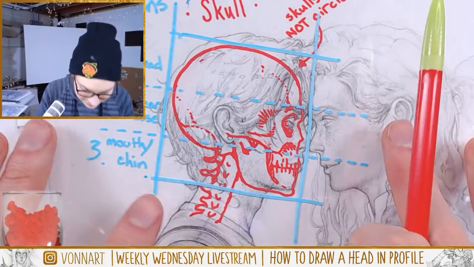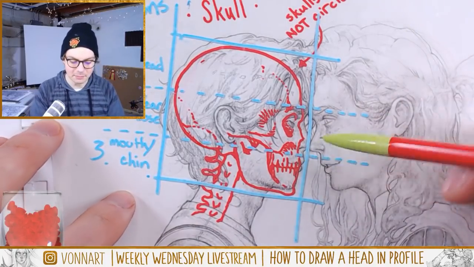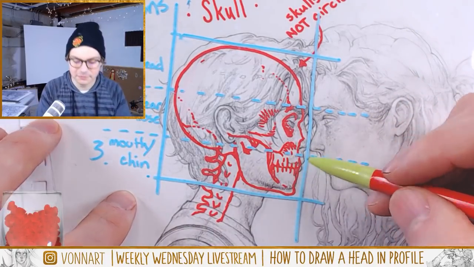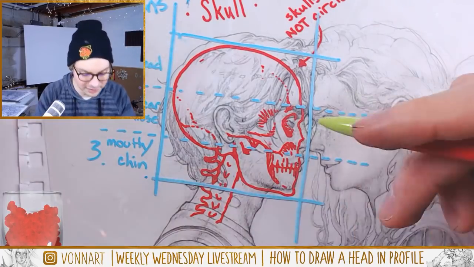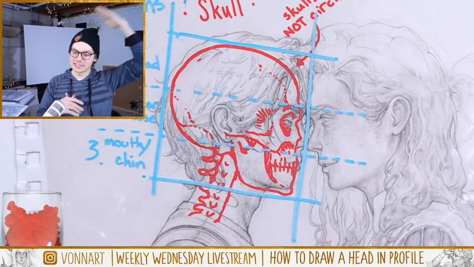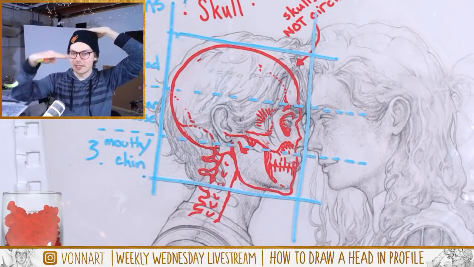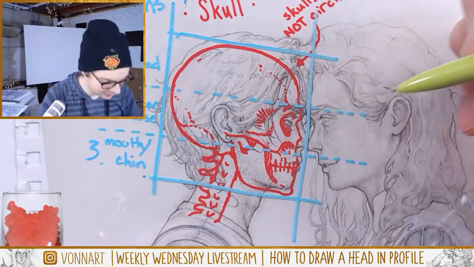I gotta be really careful when moving this. And the last one is the mouth and chin. And the mouth should be roughly in the middle or slightly above the middle in terms of the placement of the mouth. And the eye will fall halfway between the top of the head and the bottom of the chin, right in the dead center. If you do draw a straight line, that's where your eye will be.